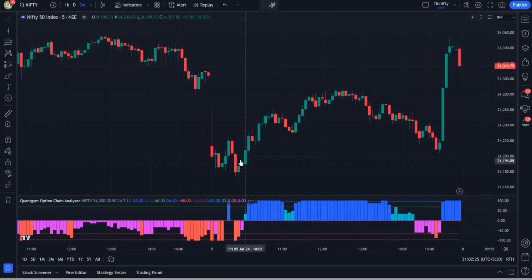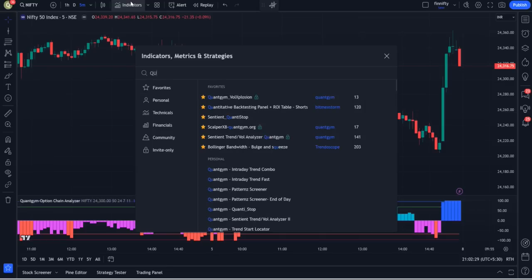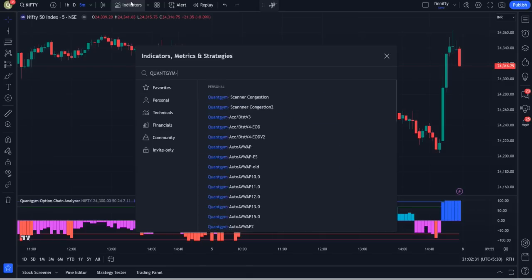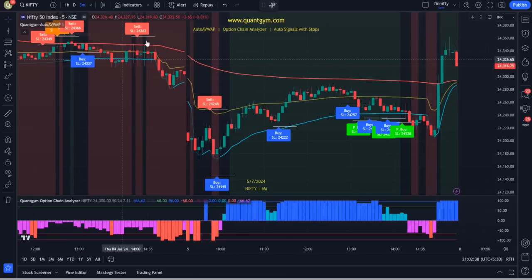And when you are actually trading according to this, here, this indicator set comes around here. You have the AVWAPs drawn automatically by the software. It picks up the intermediate high and low, the pivot highs and lows, and draws the AVWAPs. It also changes the background color to red and green depending upon another logic which tells you whether the stock is generally bullish or bearish. It also gives you buy and sell signals with stop loss.